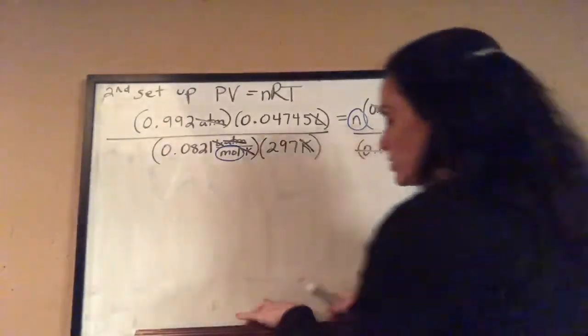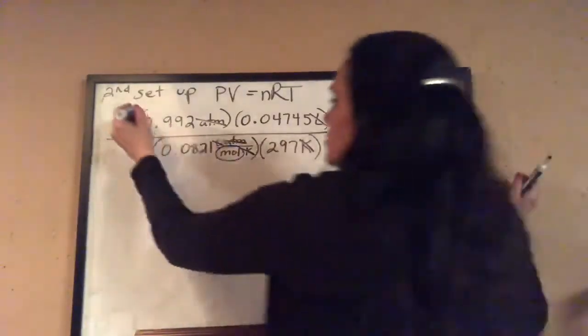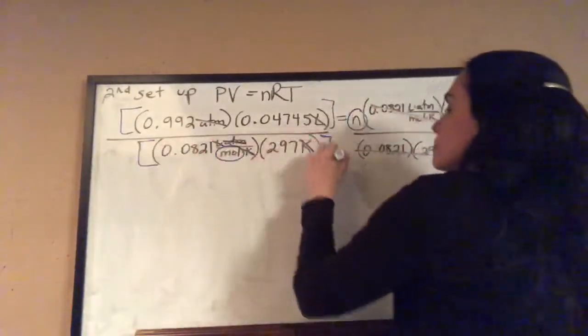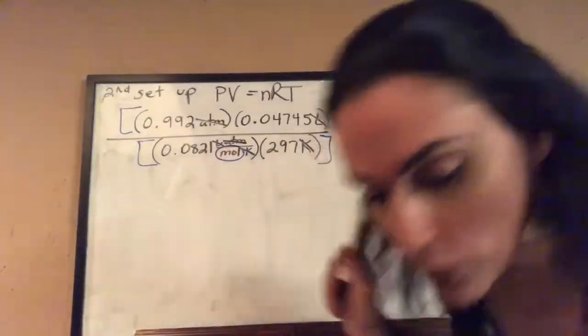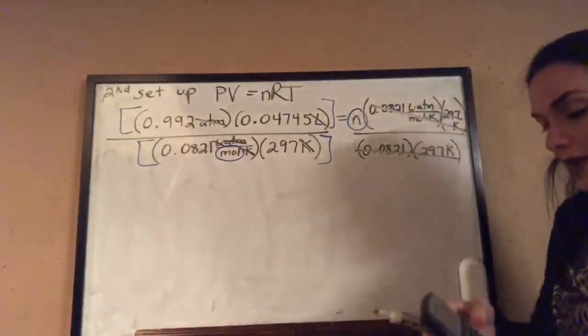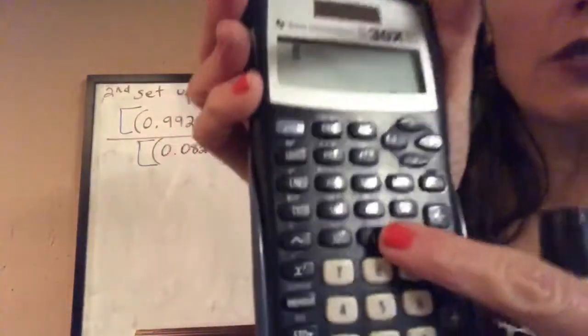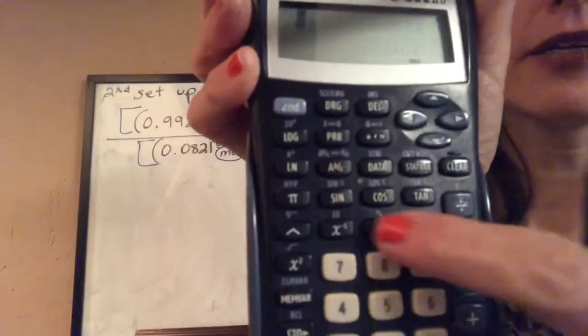Now, when you put this into your calculator, you're taking this product and dividing it by this product. Use the brackets. If you put this in without the blue brackets, I cannot guarantee you're going to get the right answer. But if you use your parentheses where I have the blue brackets, then you will get the correct answer.